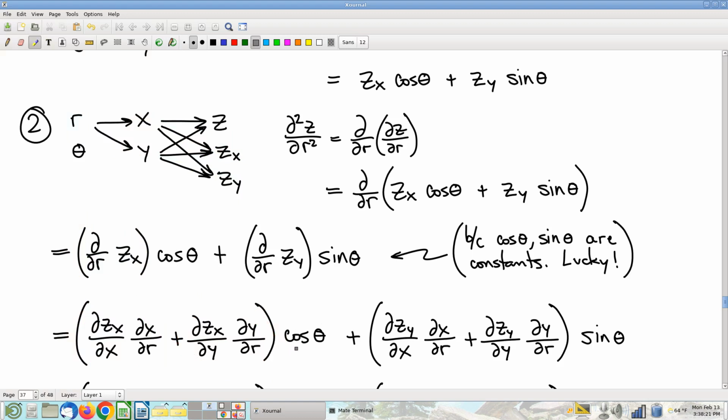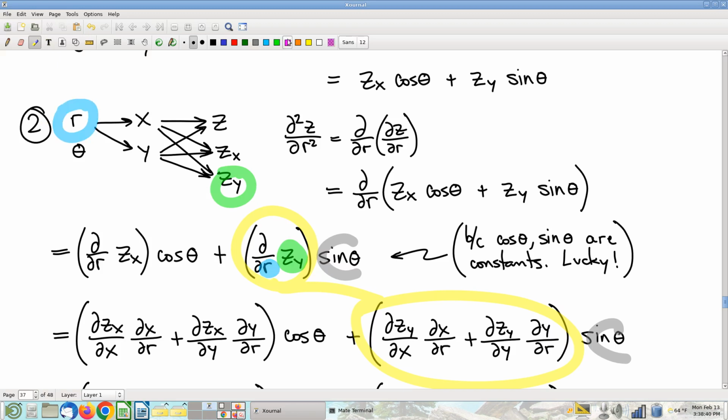Very similar story. No surprise, I expect. For rewriting the partial of zy with respect to r, we're going to get this. This constant's going to come along for the ride. And again, slowly and carefully, we're taking a partial of zy, there it is, with respect to r, there it is. Think about the various paths.